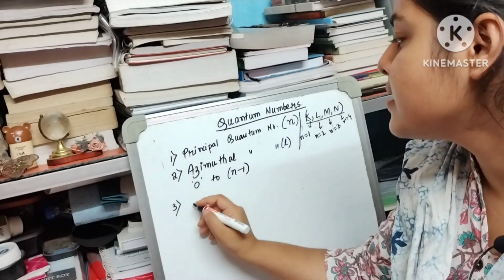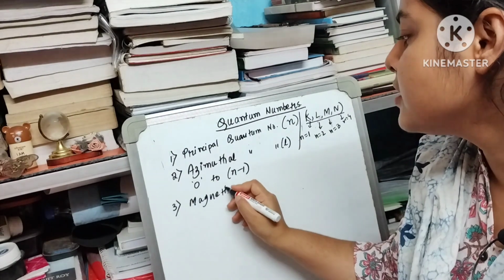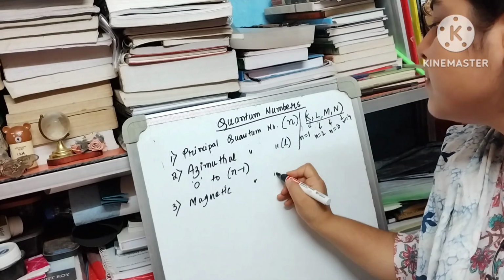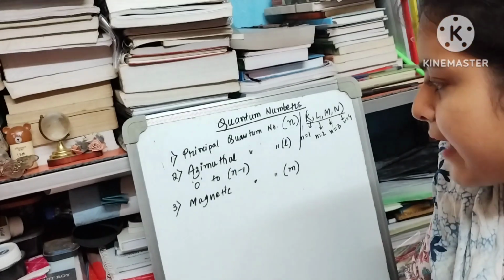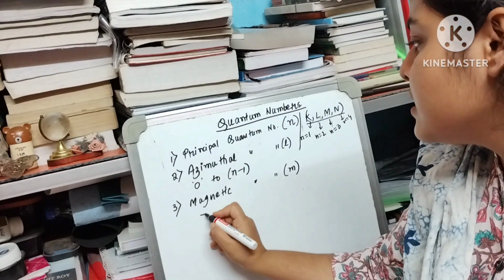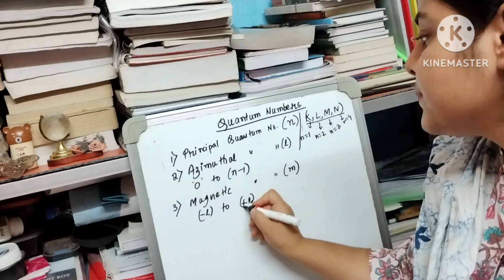The third one is the magnetic quantum number, which is represented by small m, and the value of m is from minus l to plus l.